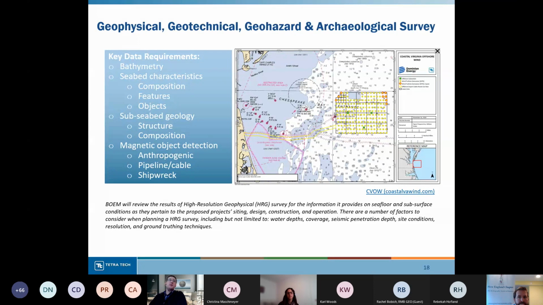From both the bathymetry and other sensors, we're going to be picking up seabed characterization. We're going to be looking subseabed because we're going to be installing things into and below the seabed. And we're going to be using magnetic methods to specifically pick up some anthropogenic items, usually the larger ones in particular. There's a BOEM onus to locate in-service pipelines and cables. Next slide, please.